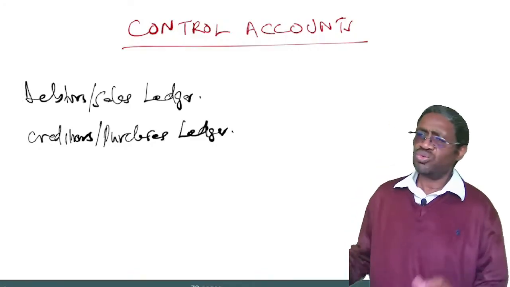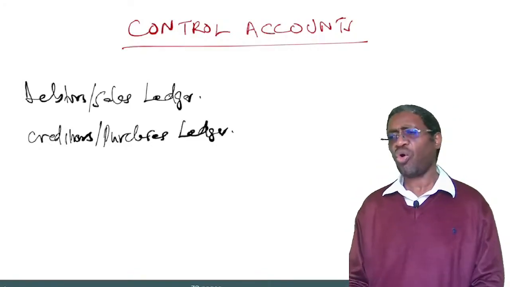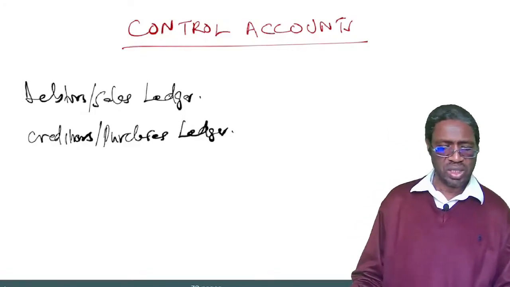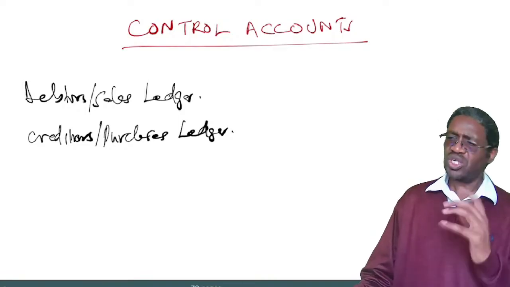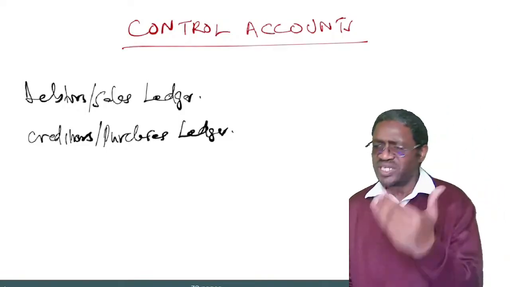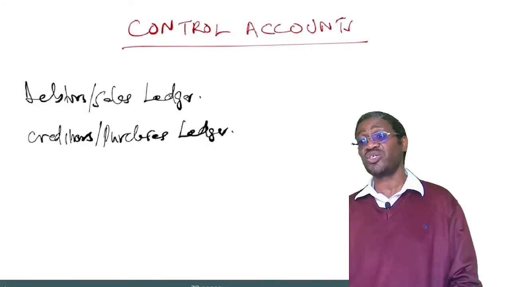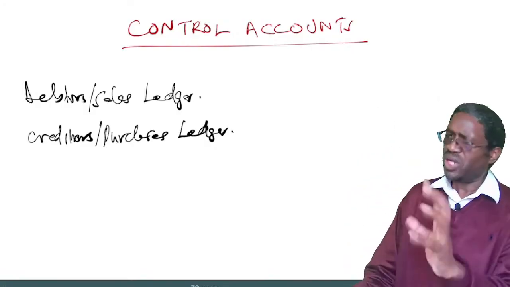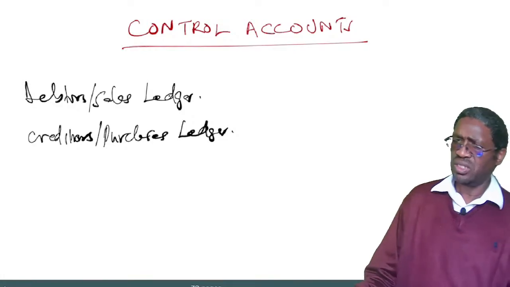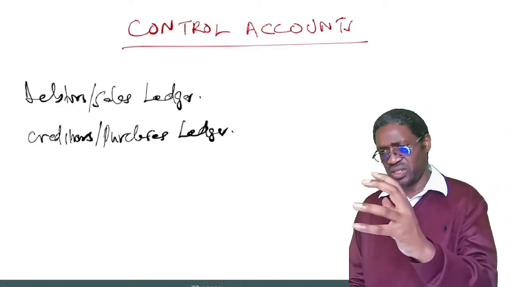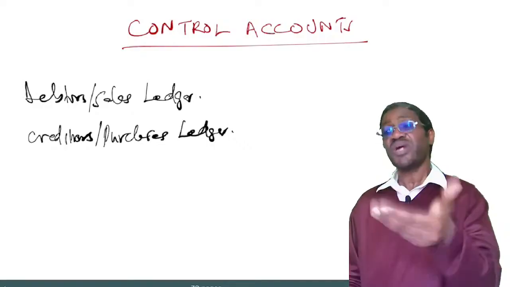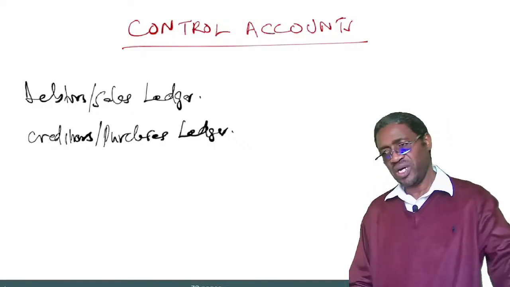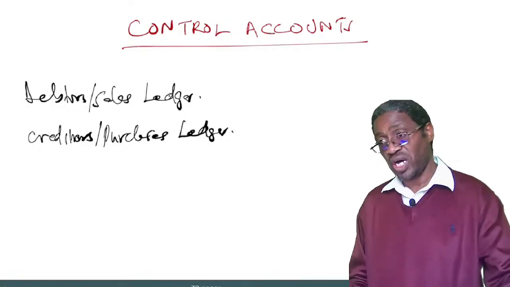So what you do, you prepare what we call control accounts, so that you find out whether you could have committed some errors in the recording of the transactions in the respective accounts, whether between the debtors accounts or the creditors accounts. You are now required to prepare control accounts.